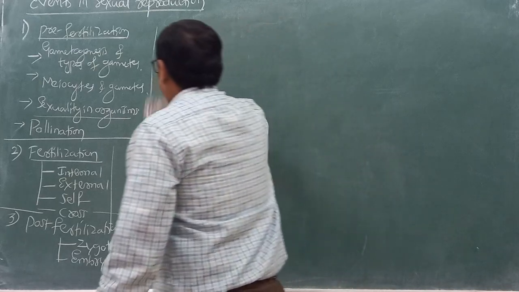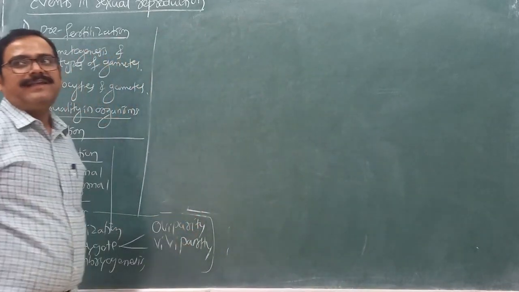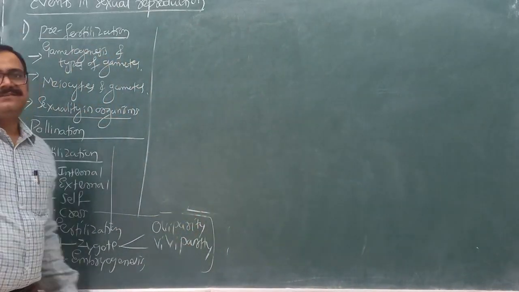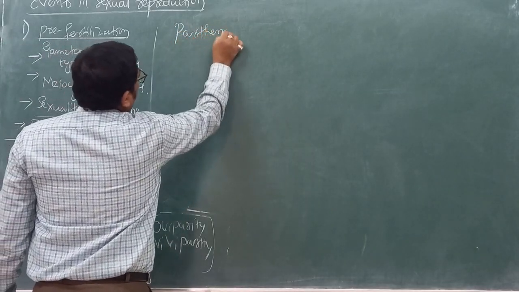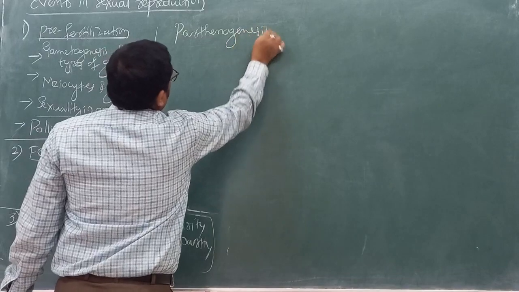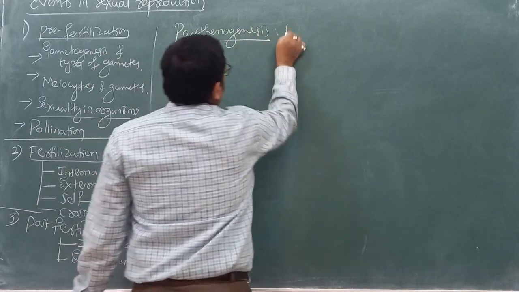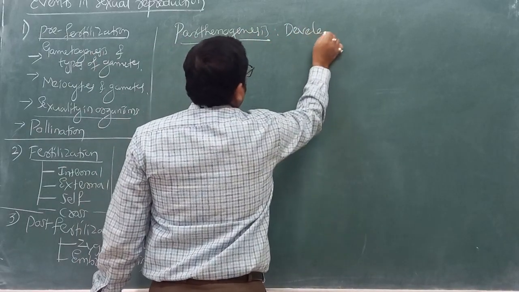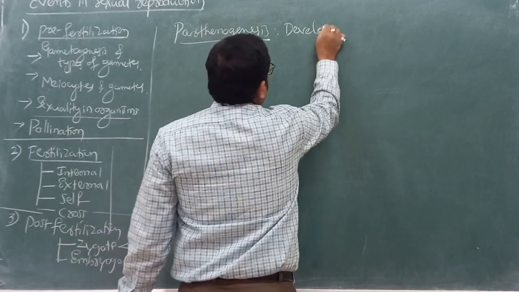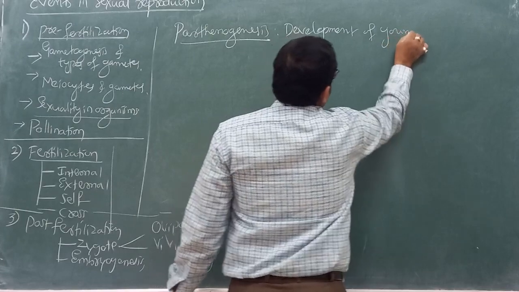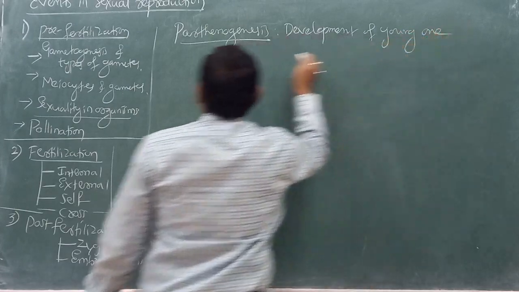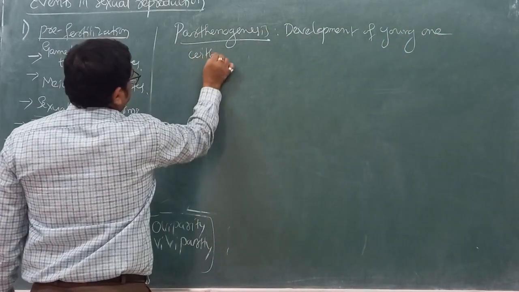So that is a special term, what it is called as parthenogenesis. Okay, so parthenogenesis. Development of young one without fertilization.